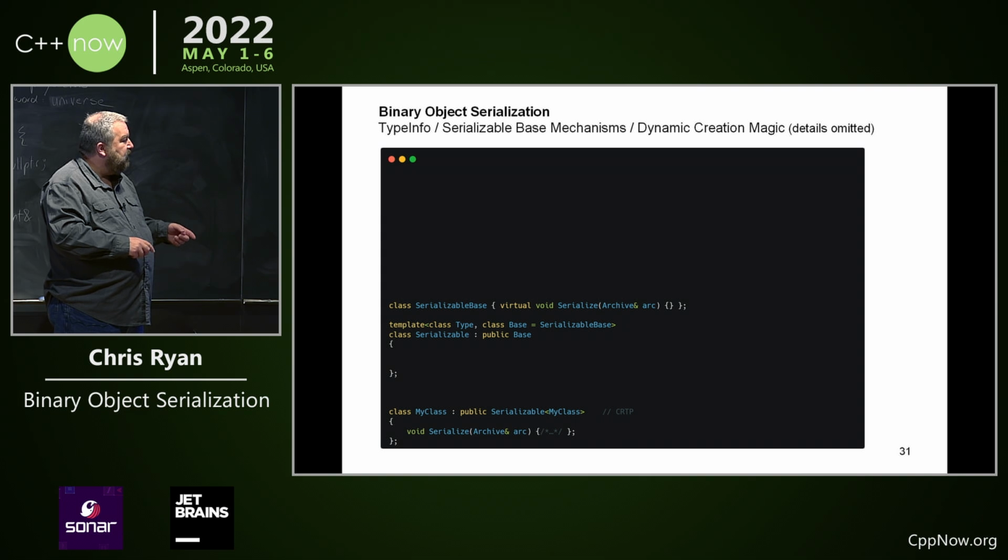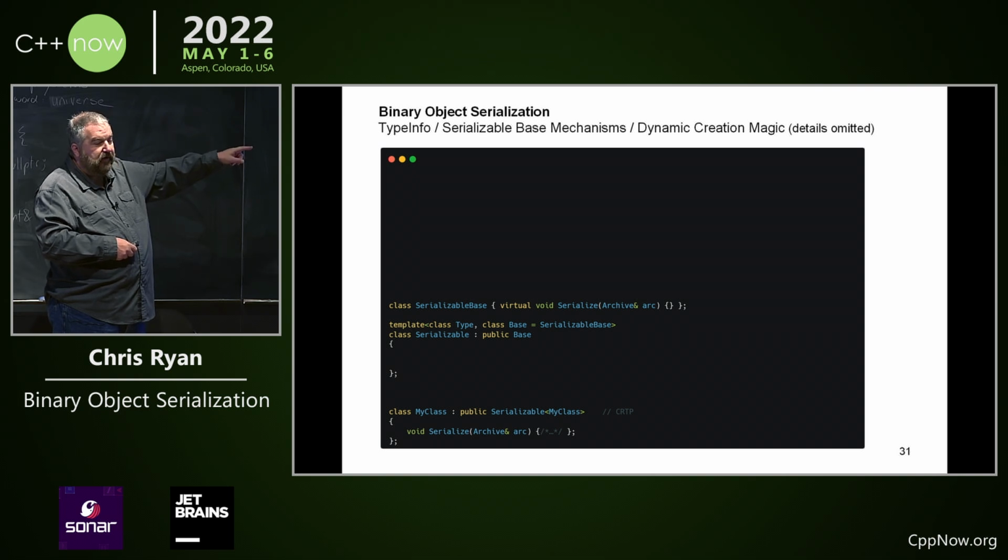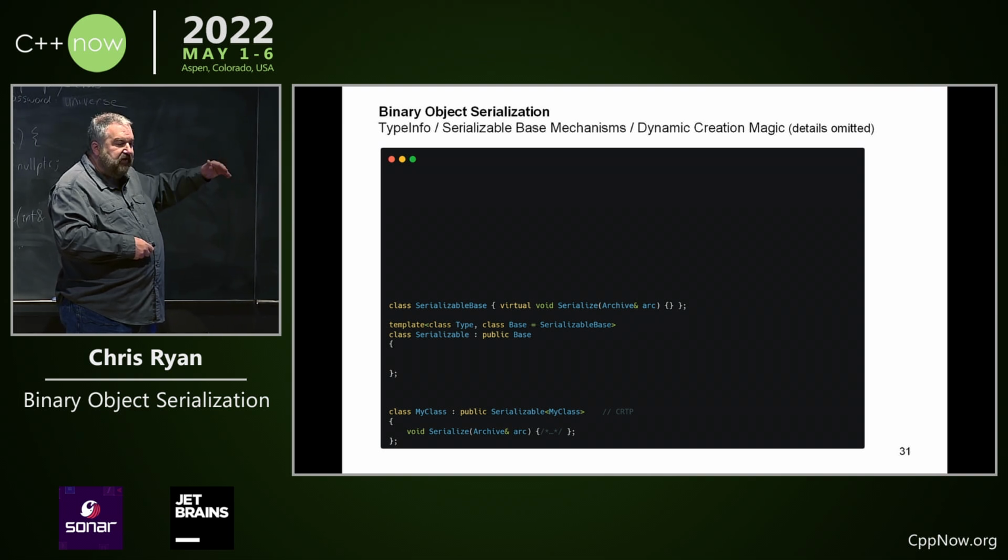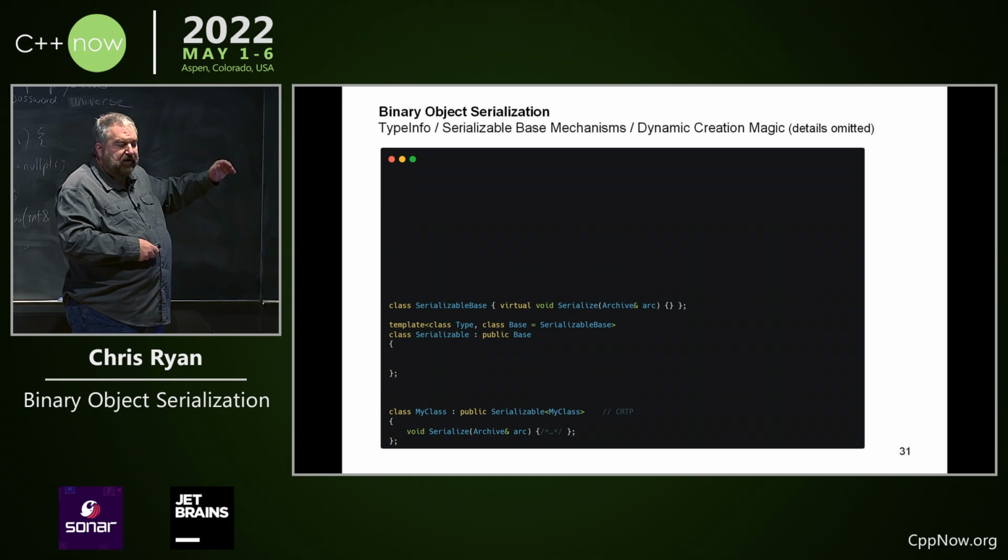From this I have my serializable, and it uses a base, and the base that it happens to use is a serializable base, which has the virtual serialize function in it. I need to have a base class that is non-templatized, so I can actually just use a base pointer of serializable base.